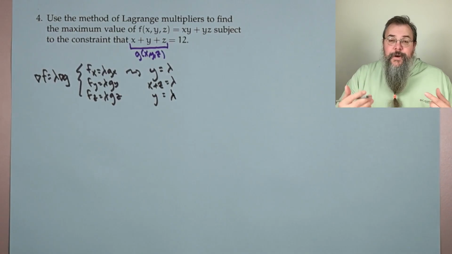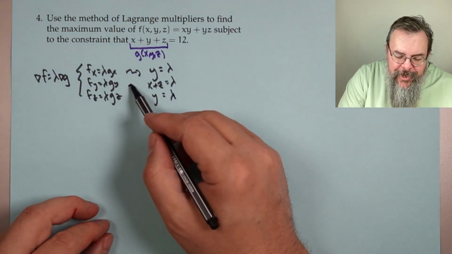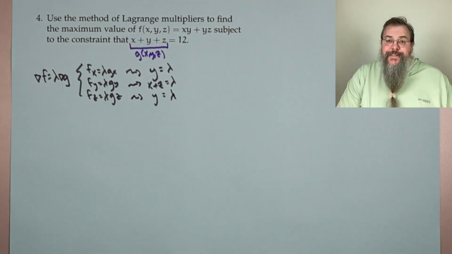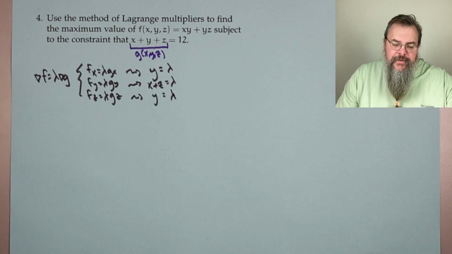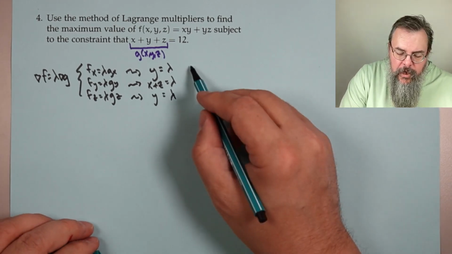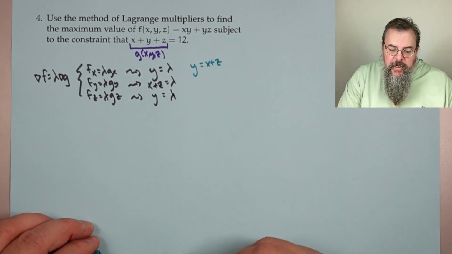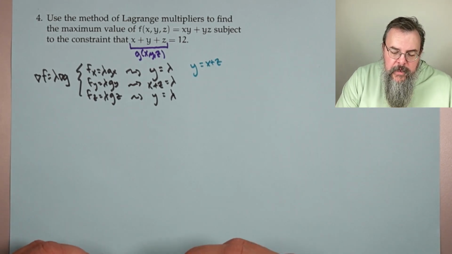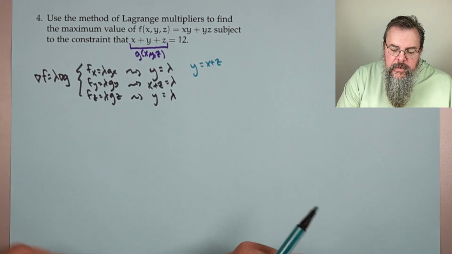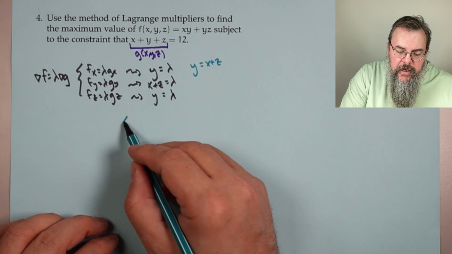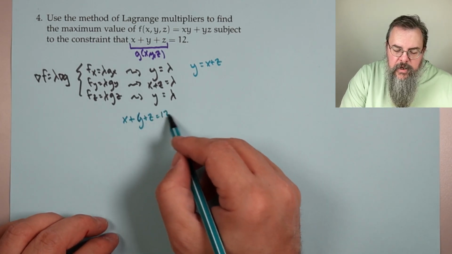Okay. Well, when in doubt, solve for lambda. Well, kind of already done. So what does that tell us? It actually tells us a fair amount, right? It tells us that y is equal to x plus z. Well, what can we do? We can say, look, you have your x plus y plus z equals 12.